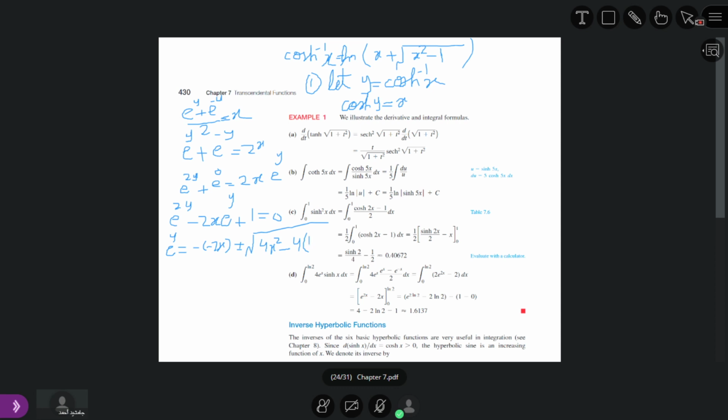A is equal to 1, and c is also 1, divided by 2a, that is 2 into 1.